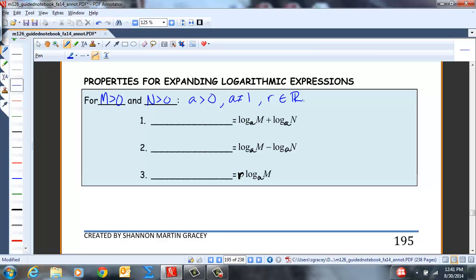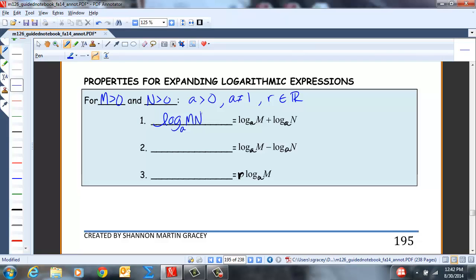So this is kind of going the other direction. If you see a sum of logs and they have the same base, you can condense it. So this will be log base a of m times n. To expand, you would write it as a sum of logs.